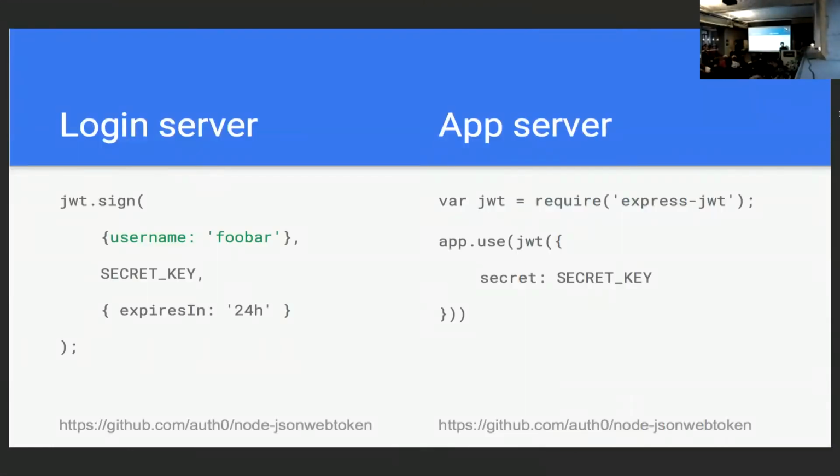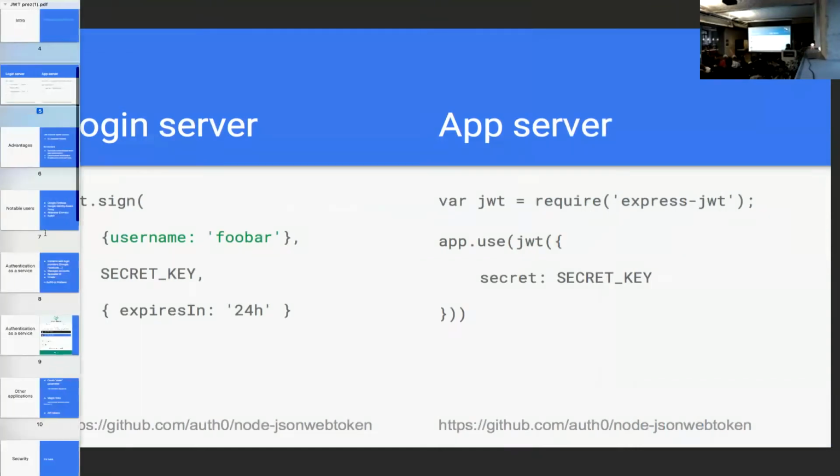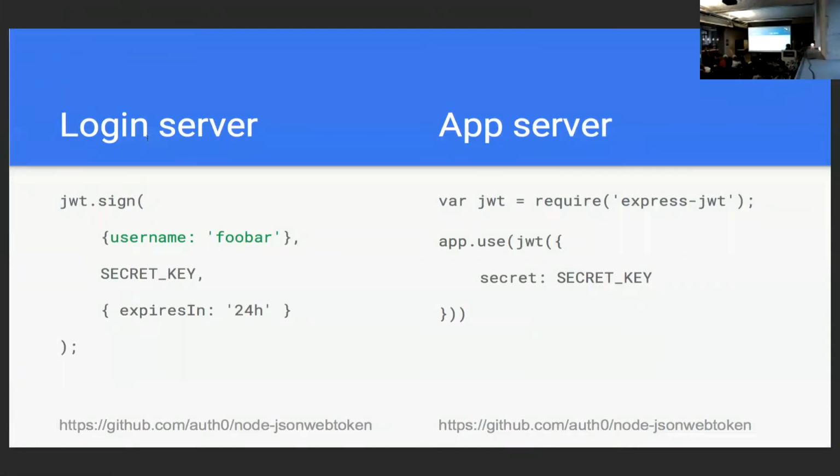So in code, in Node, what does it look like? It's a pretty straightforward API. You can have two servers, but of course it can be the same server if it's a simple application. Very simple sign function. You have to manage the key, so it's your responsibility to store the secret key somewhere and pass it to your application.